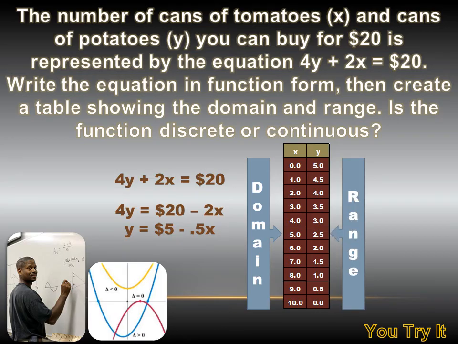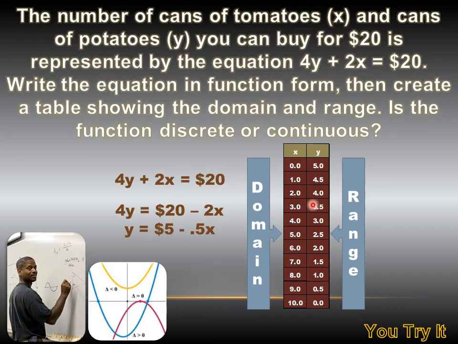Well, now let's think about it. Do all those x values make sense? Well, they do. I could purchase 0 cans of tomatoes. I could purchase 1 can of tomato. I could purchase 10 cans of tomatoes. How about the y values? Do they all make sense? Well, I could purchase 5 cans of potatoes, but could I purchase 4.5 cans of potatoes?